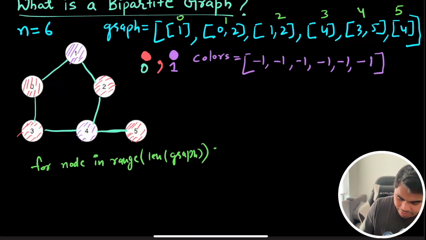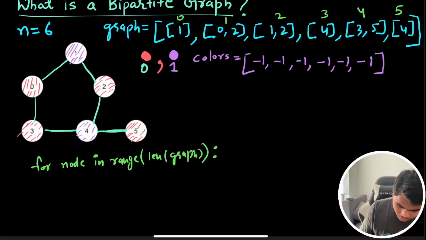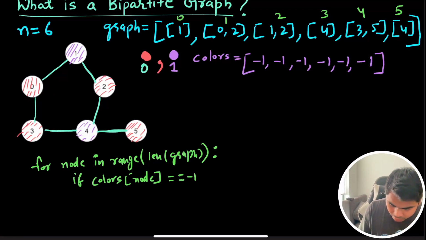Because the graph could be disconnected as well, it's not possible that you just run DFS on 0 and you're able to visit all the nodes. So if in my colors the node's index is equal to -1, that means I have not visited it, and then only I would want to visit it.